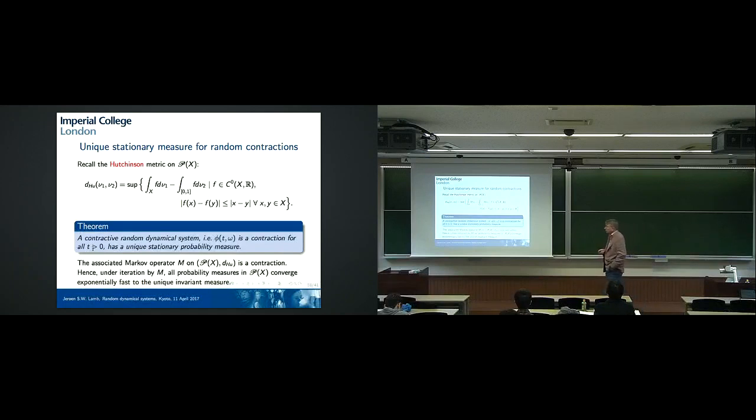We did that yesterday. So if you have just contractions, then you have a simple situation, but you also have a random fixed point, and we have a unique stationary probability measure.